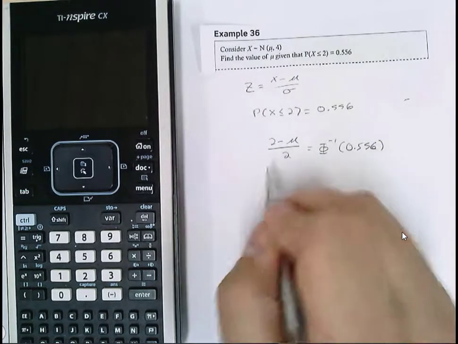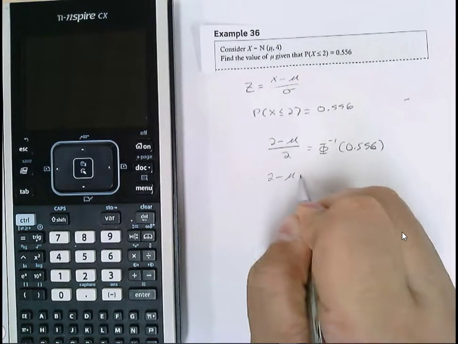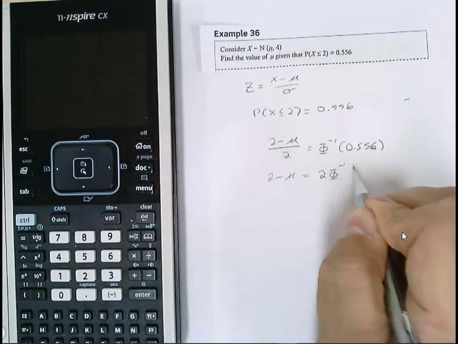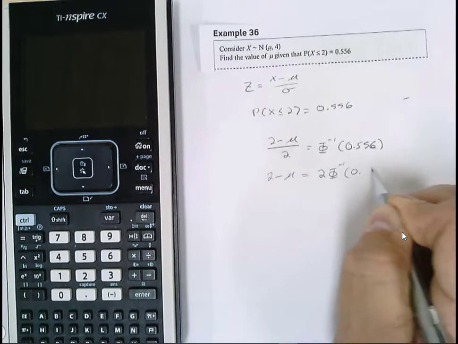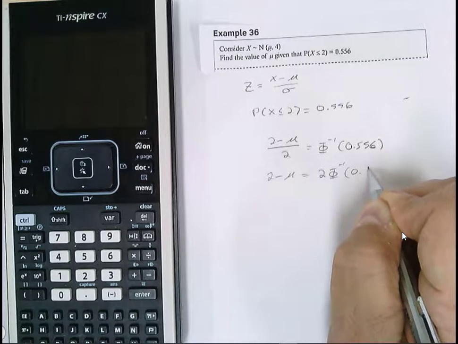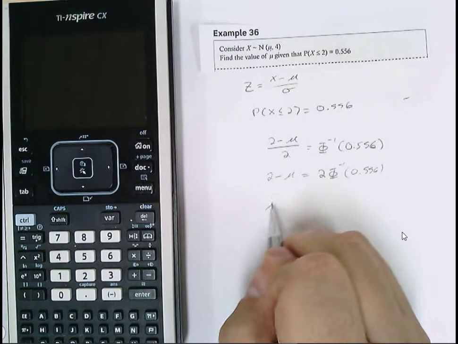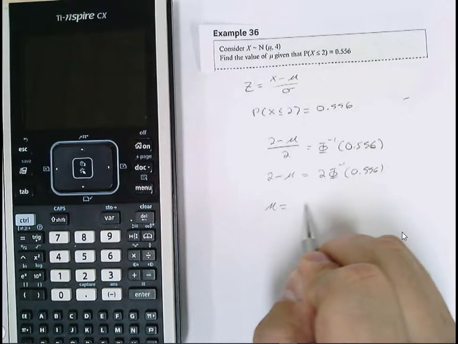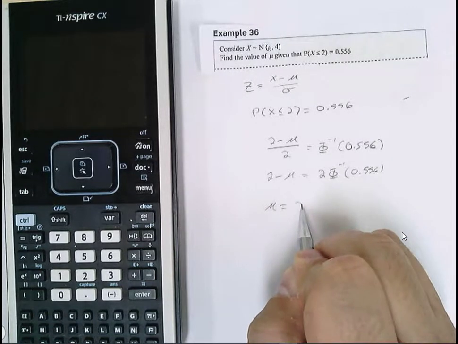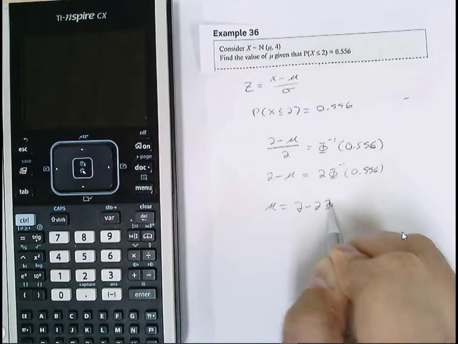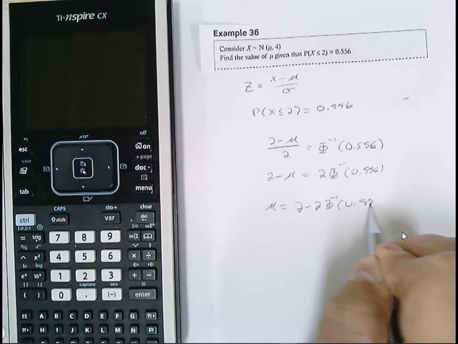So I'll multiply by 2 on both sides, and I'll have 2 times the inverse normal, and then I can add mu, and write it left to right. I'll end up with mu equals 2 minus 2 times the inverse normal of 0.556.